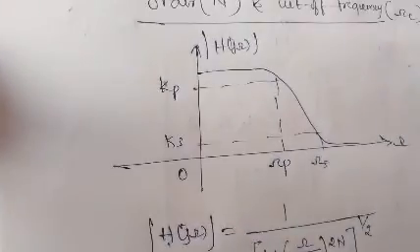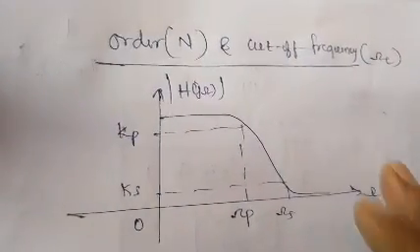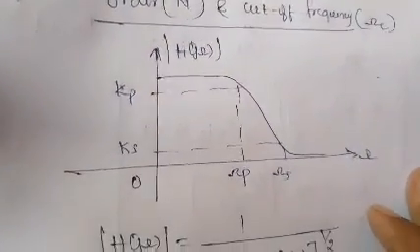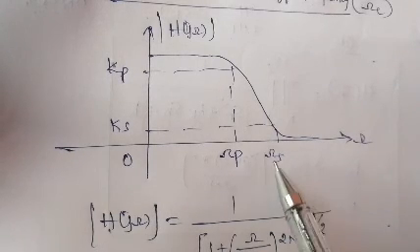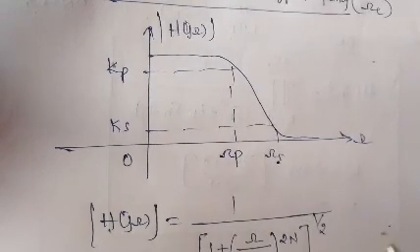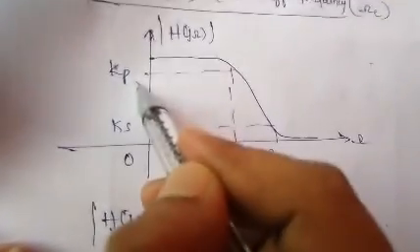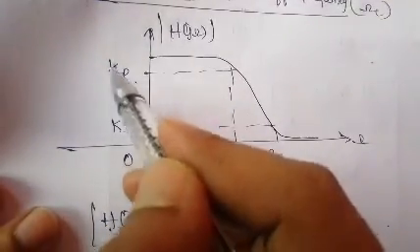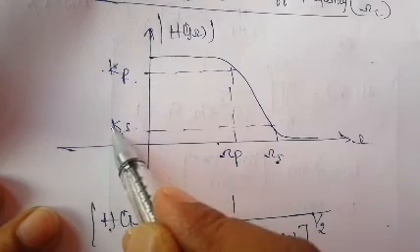Okay, next we'll discuss the calculation of the order of the Butterworth filter as well as the cutoff frequency. Before that, let us look at the representation of the pass band frequency and stop band frequency, as well as the respective gains on the spectrum. From this graph, Kp stands for pass band gain and Ks stands for stop band gain.